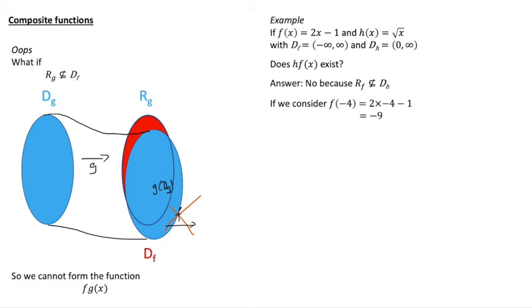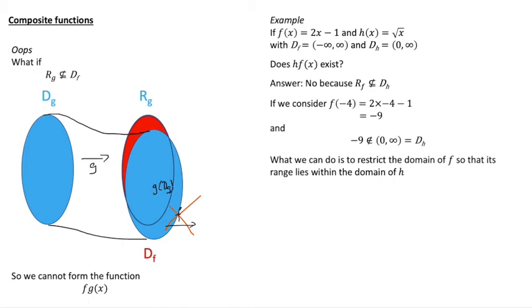And we can just consider a value here if we want. If we consider f of minus 4, that's 2 times minus 4, take away 1, which gives us minus 9. And minus 9 is not a member of the set from 0 to infinity, which is the domain of h, so we can't apply the function h to this value.